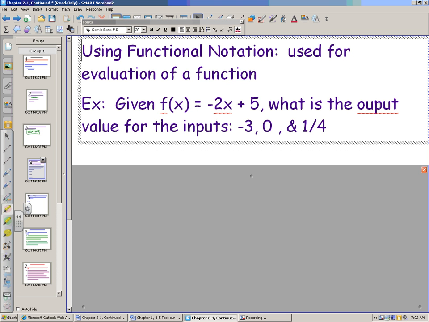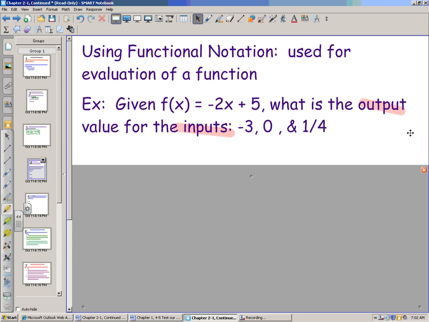There, I fixed it. Output is also known as your y value, and input is also known as your x value. Remember that? You should.